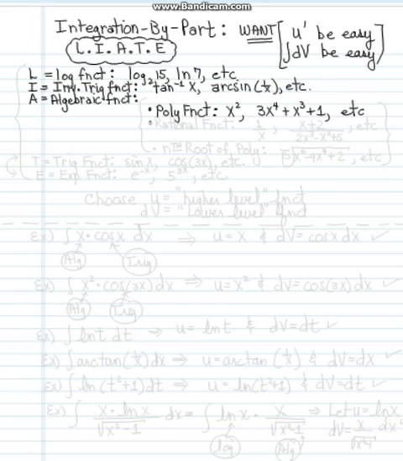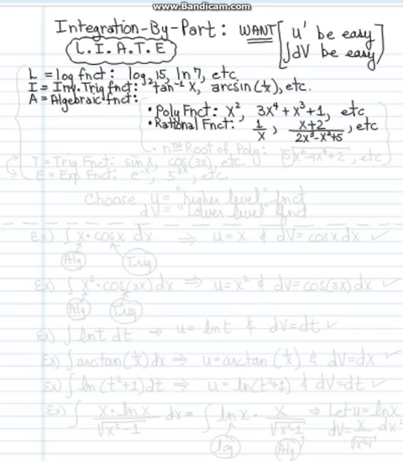Another type of algebraic function is a rational function. I call them fractional functions because they are fractions, polynomial on the top, polynomial on the bottom, like 1 over x, that's a rational function. Another one might be x plus 2 over 2x cubed minus x squared plus 5. It's just a fraction.